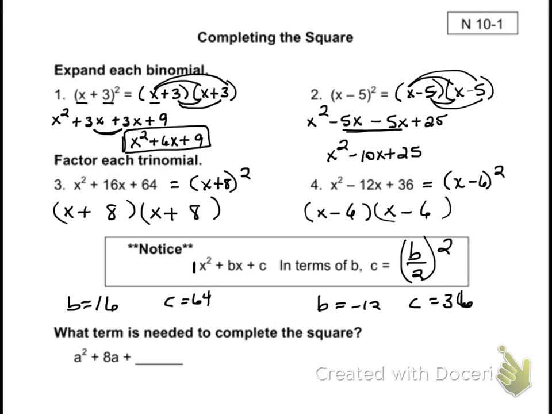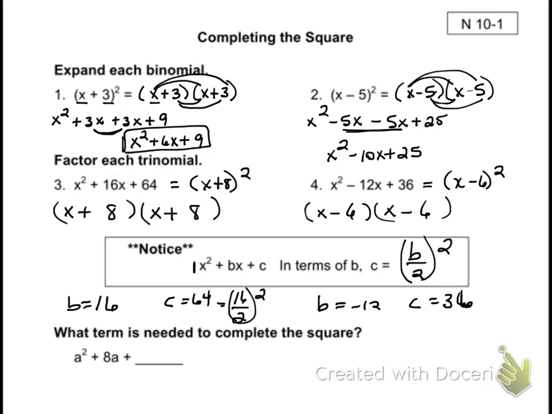So let's try that. Over here on the left, if I take 16 and divide it by 2 and then square it, I end up with 64. 16 divided by 2 is 8. 8 times 8 is 64. And that makes sense because, remember, the middle term was doubled. Let's look here.